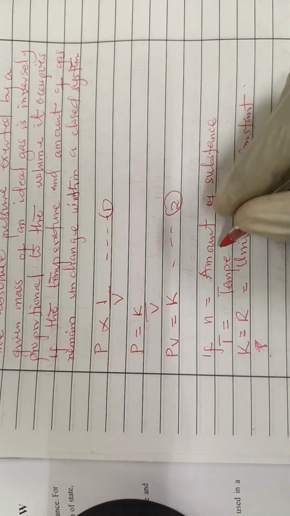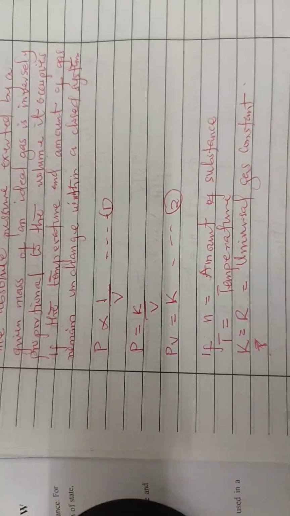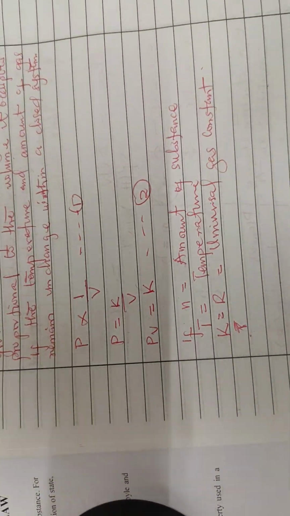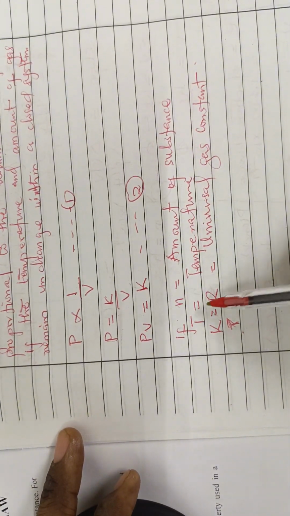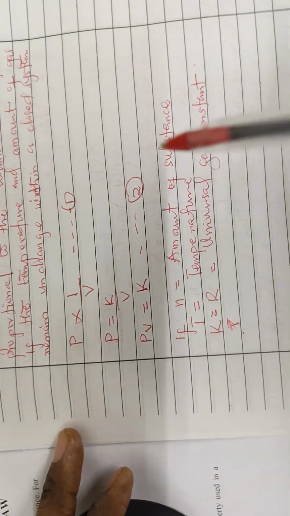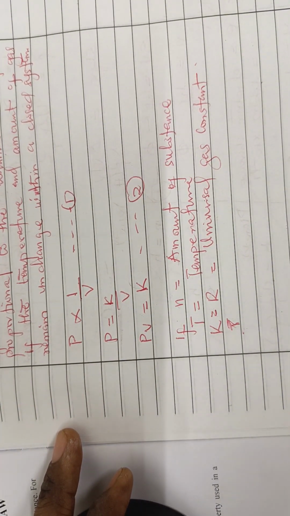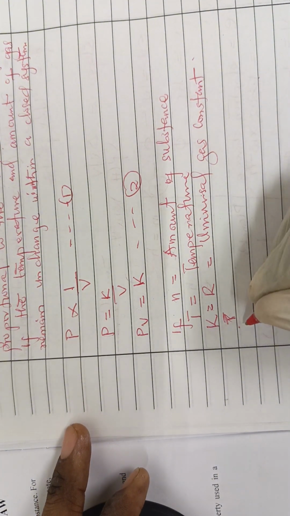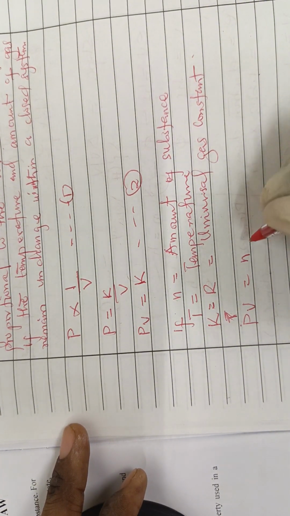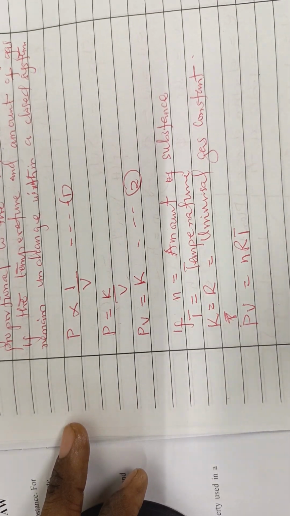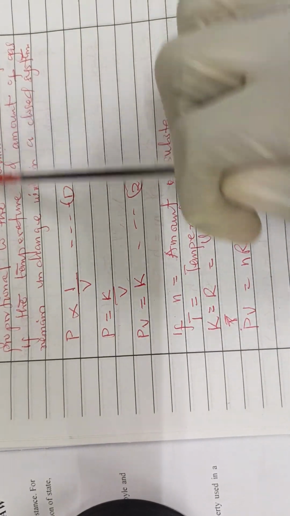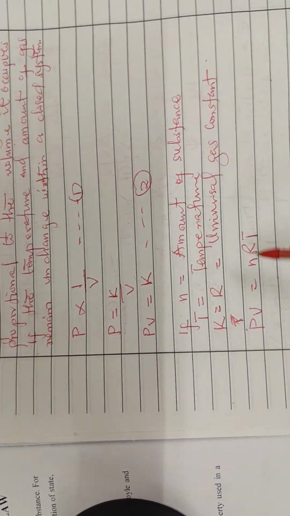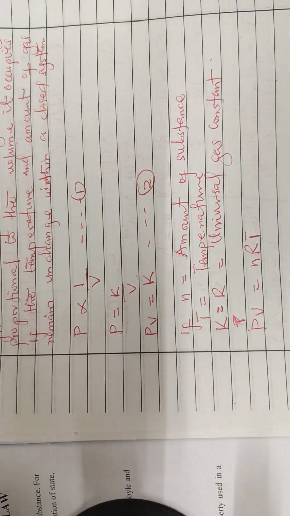Then we are looking at the second part of the law, the temperature. Now we know that the ideal gas formula is given by PV equals nRT. Within the closed system, the ideal gas, a given mass of gas is our N. We call it the amount of substance.